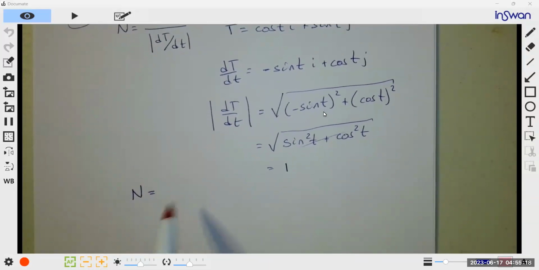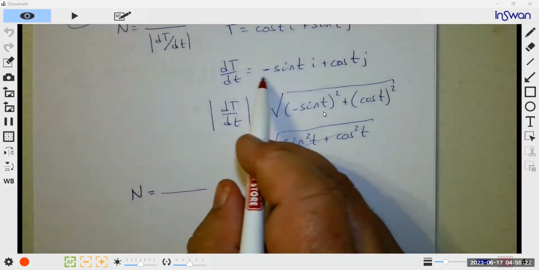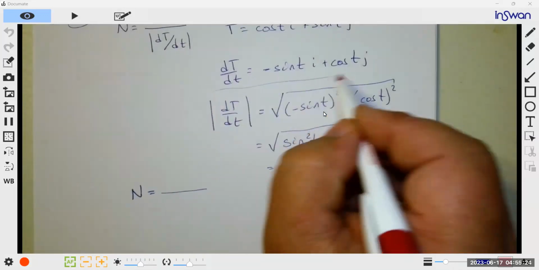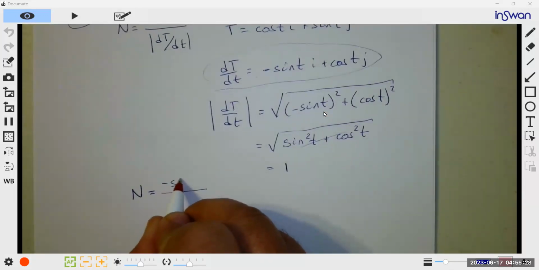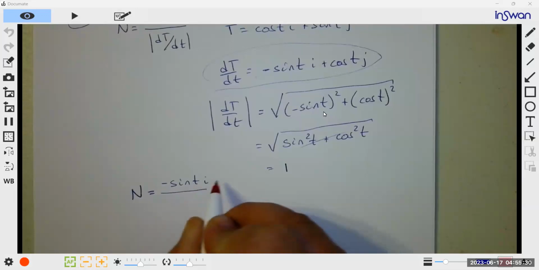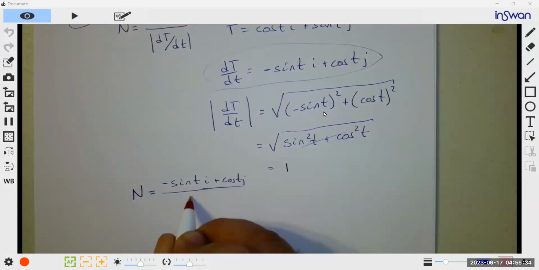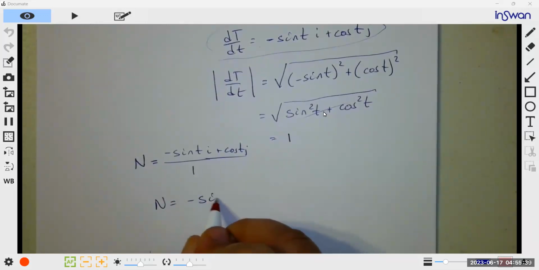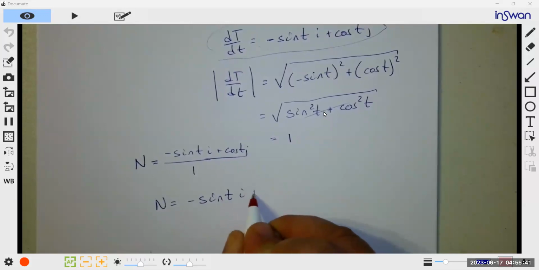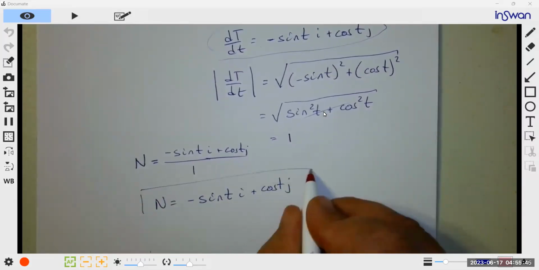So N is dT, which is negative sine t i plus cosine t j, over 1. So that's what N is: negative sine t i plus cosine t j.